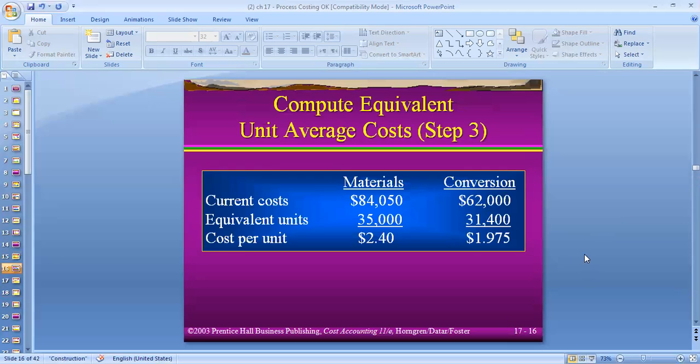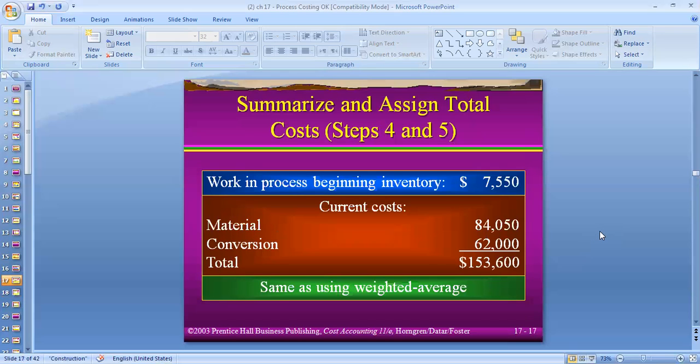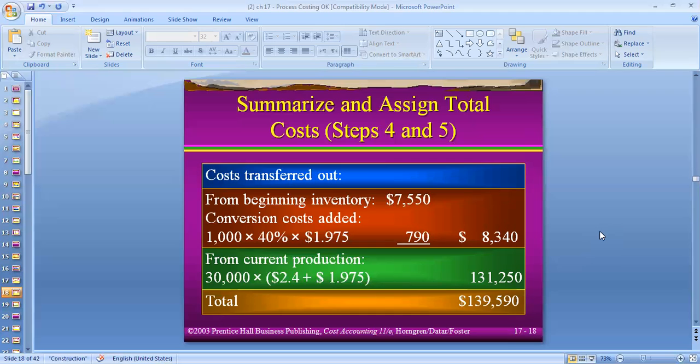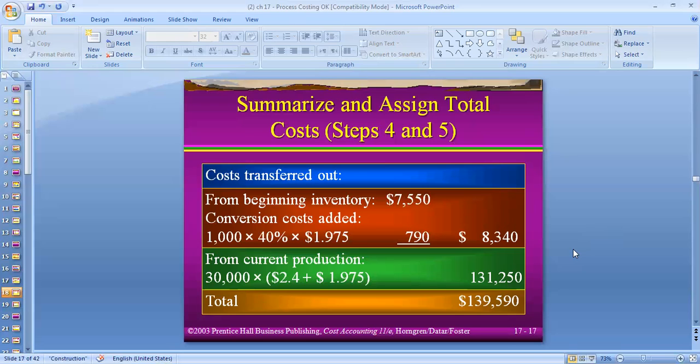The 400 is multiplied by 1.975, the cost per unit regarding conversion cost. The total cost of the 1,000 equals 8,340.